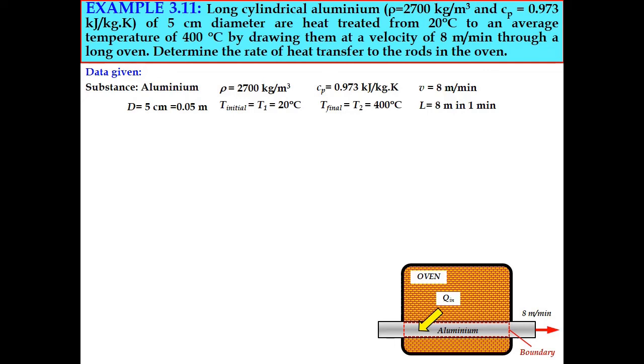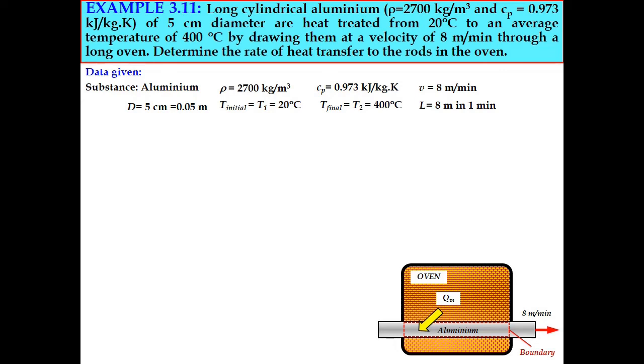The substance is solid aluminium. Density of the aluminium is 2700 kilogram per meter cubed. Specific heat of the aluminium at constant pressure equal to 0.973 kilojoule per kg Kelvin. Velocity of the rod equal to 8 meter per minute.